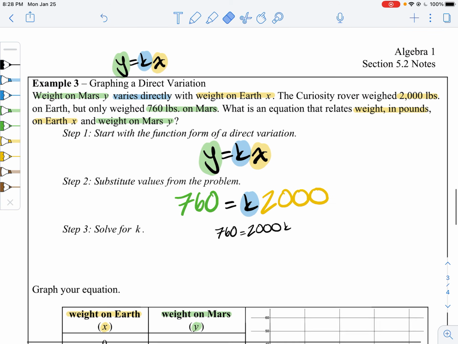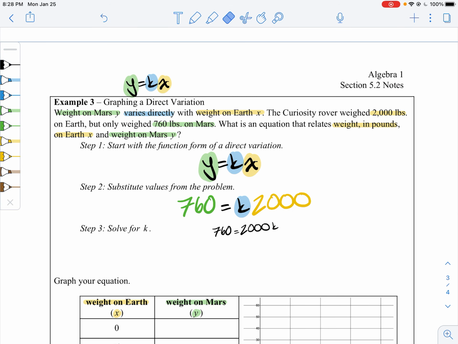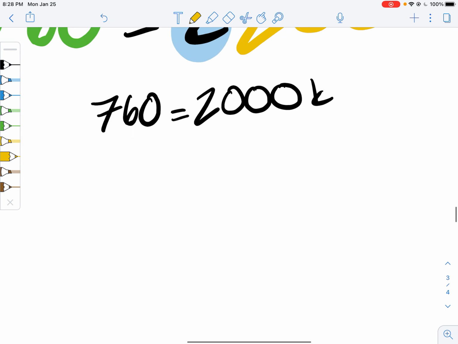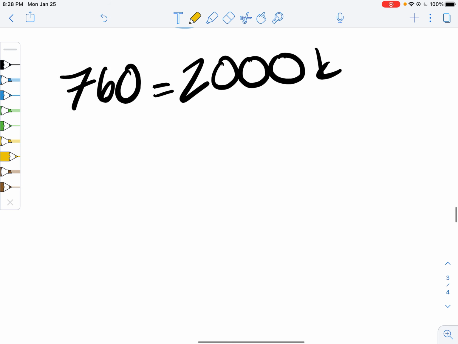We don't know our constant of variation, but we can figure it out. We have enough information. By plugging in what we do know, we can figure out what we don't know. And that's basically how all of life works. Just take what you do know and you can figure it out. If we're solving for k right here, all we need to do is divide by 2,000.